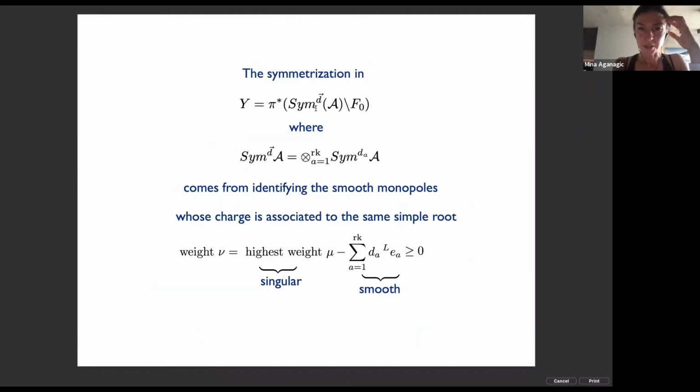The symmetrizations give us a product of symmetric products, one for each simple root. They come from identifying the smooth monopoles with the same charge, their charge being a simple root.